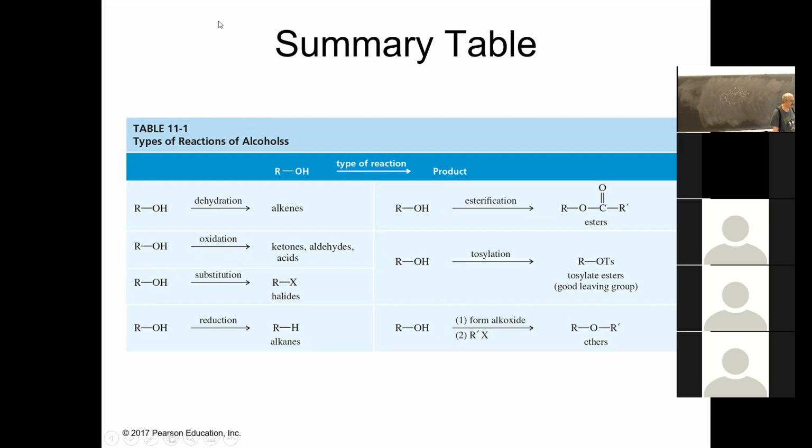These include dehydration, the E1 reaction, which we've looked at already. We've looked at substitution by halogens. Most of these are new. We'll look at oxidation, reduction, esterification, tosylation, and then we'll also look at forming ethers.